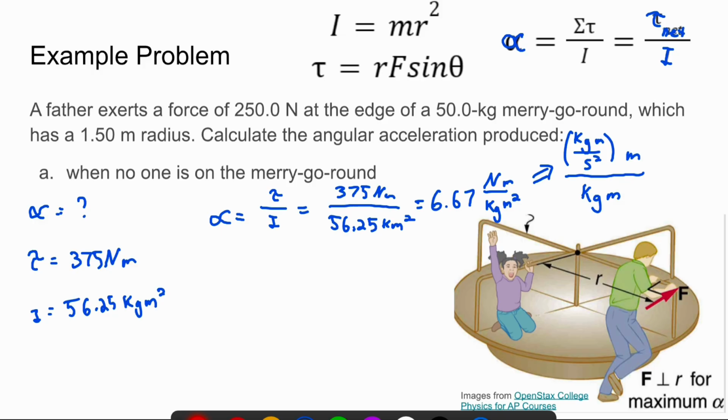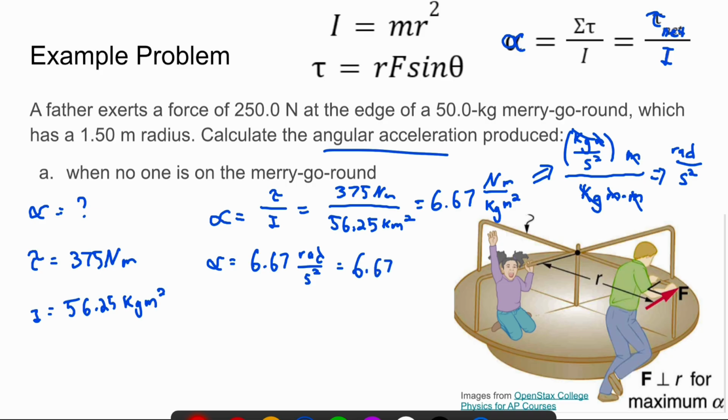So one of those meters cancels out, another meter cancels out, kilograms cancel out. We end up with just 1/second squared, or radians per second squared, which is exactly what we would expect angular acceleration to be in. So our angular acceleration here equals 6.67 radians per second squared, or just 6.67 inverse seconds squared.